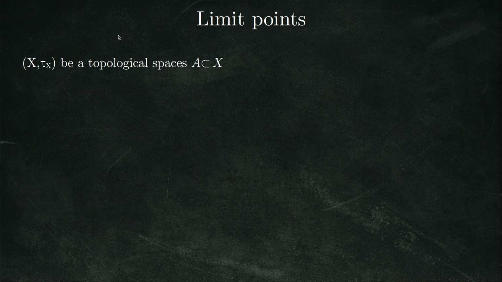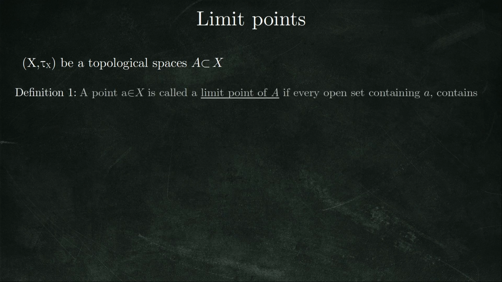The last thing we're going to look at is limit points, or accumulation points, or cluster points, whatever you want to call them. So let (X, τ_X) be a topological space and A a subset of X. Just like last time, there are two definitions of a limit point.